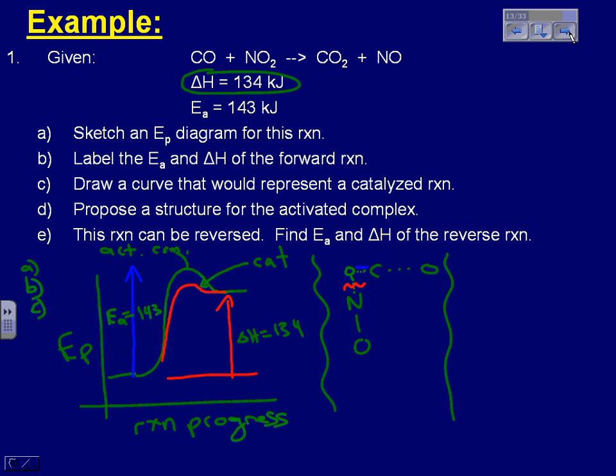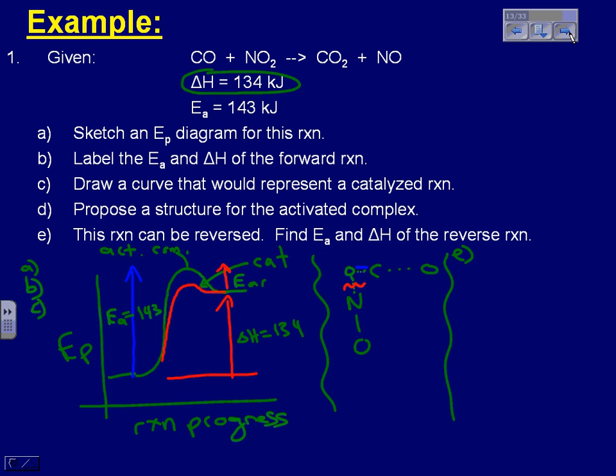And last, for part E, this reaction can be reversed. Find the EA and the delta H of the reverse reactions. Well, this is where I was talking about needing an equation, and you don't need an equation. We can see it perfectly on the graph here. If I were to draw the EA for the reverse reaction in red right there, I could call that EAR, for EA reverse.